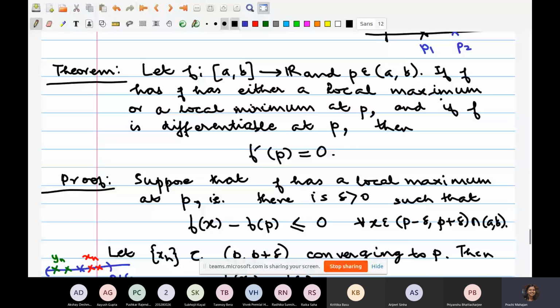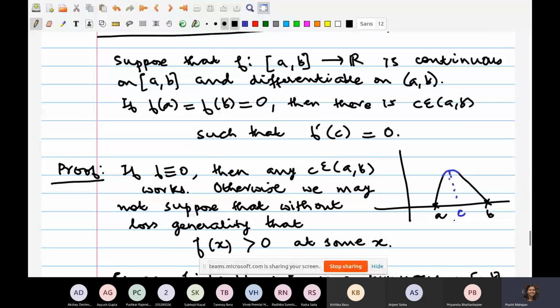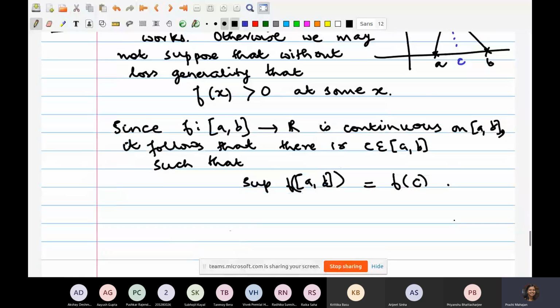So I am trying to locate local maxima and minima for this function f. Now I have no control over how to isolate local maxima and minima, so I am trying to pick the global maxima and minima, and I'm going to see what happens then. By the extreme value theorem, the global maximum of f is realized at some point in its domain, right?